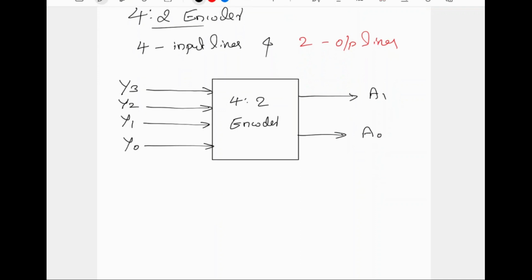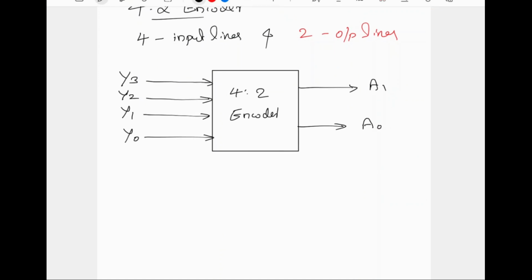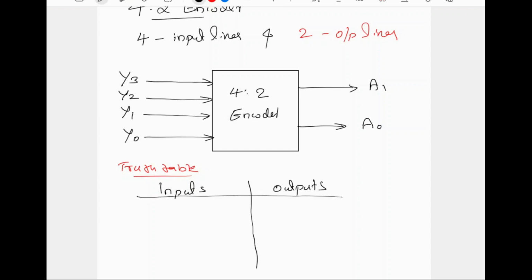We will write the truth table for this encoder. So truth table shows the relationship between inputs and output. In the inputs we have y3, y2, y1 and y0.